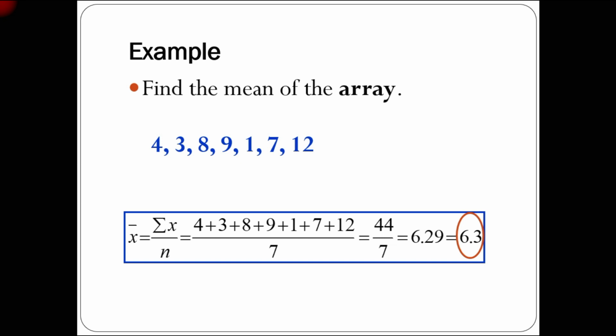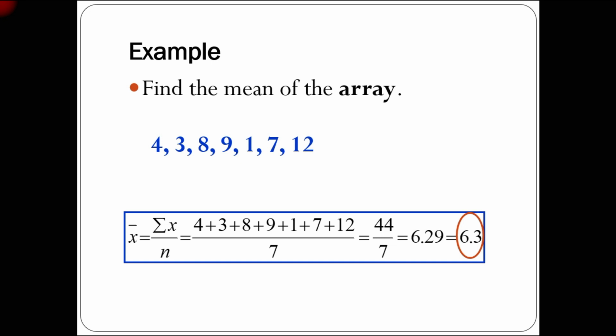For example, 6.29. So, that is the accurate na value or exact value na kailangan natin. Now, pag precision, pwedeng 6.287, pwedeng 6.289, 6.293. So, malapit siya doon sa exact value na kailangan natin. And hindi ibig sabihin nun mali na siya.